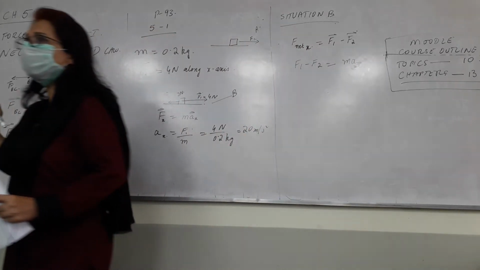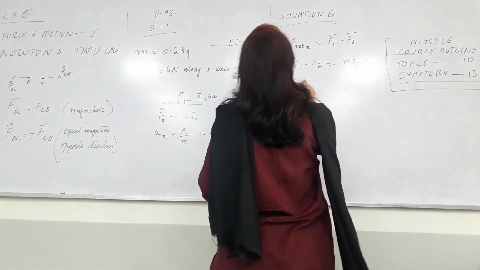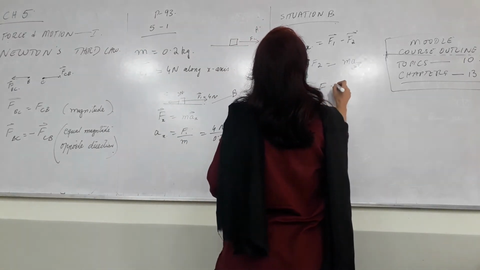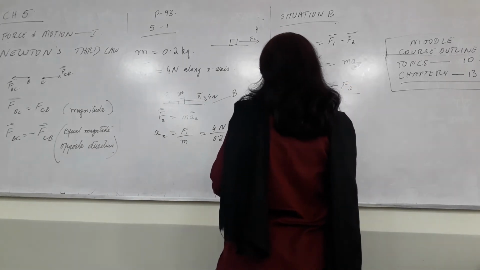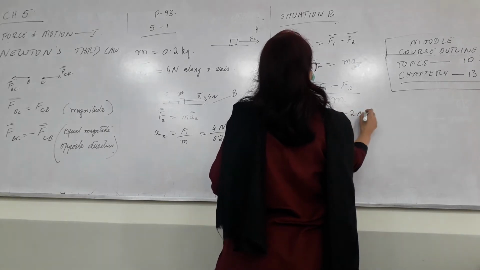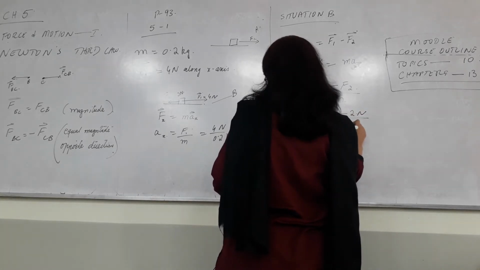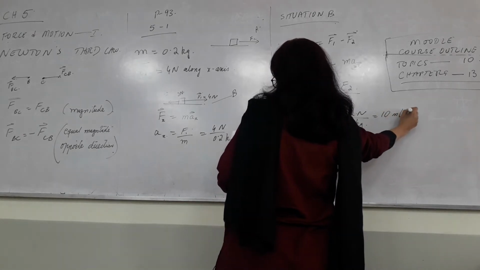You understand the concept of subscript, you do not multiply it, it is written a little lower, it is just to indicate something, okay. So, Ax is equal to F1 minus F2 divided by m. So, this is equal to 4 minus 2 newtons divided by 0.2 kg, and the answer is equal to 10 meter per second square.